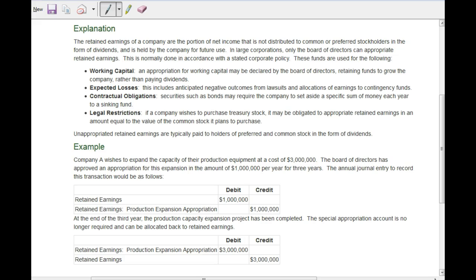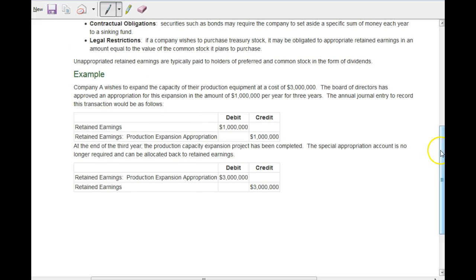Many times when we have a lawsuit coming up, or we have borrowed money from a bank or a bond, they will ask us to appropriate retained earnings.